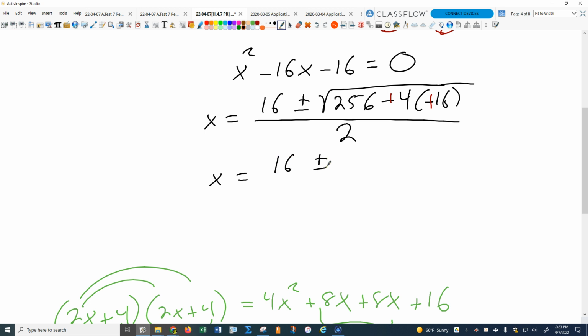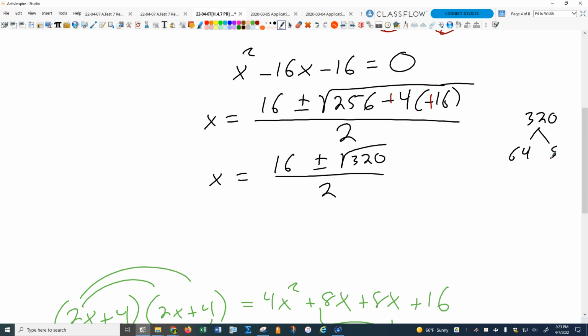16 plus or minus the square root of 320, over 2. If we take our 320, that's going to break up into, is that 60? That's 64 times 5. No, it's not. Is it?